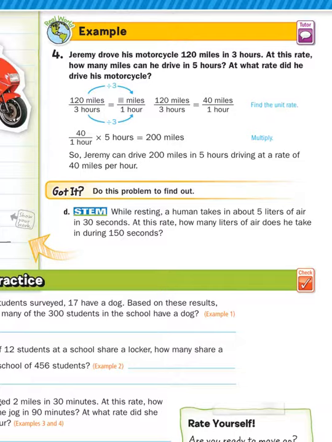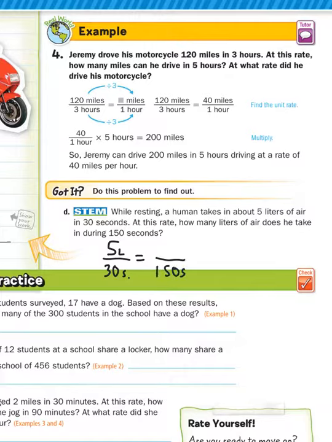All right, so here's what you should have. I'm going to go over it. It says, while resting, a human takes in 5 liters of air in 30 seconds. So I'm going to write that down: 5 L for liters, 30 seconds. Remember, that's your rate. At this rate, how many liters of air does he take in during 150 seconds? So 150 seconds goes down here.